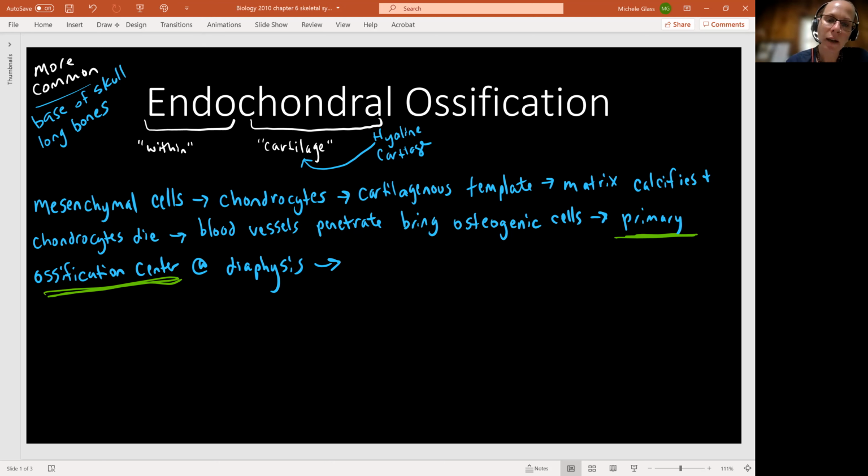From there, we get this pattern of elongation of that bone continues. Okay, let me backtrack a little bit because I think it will make more sense.